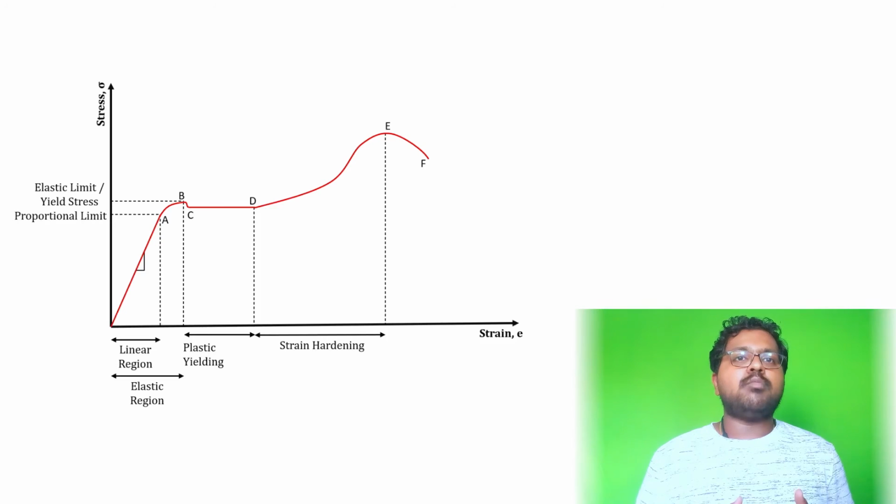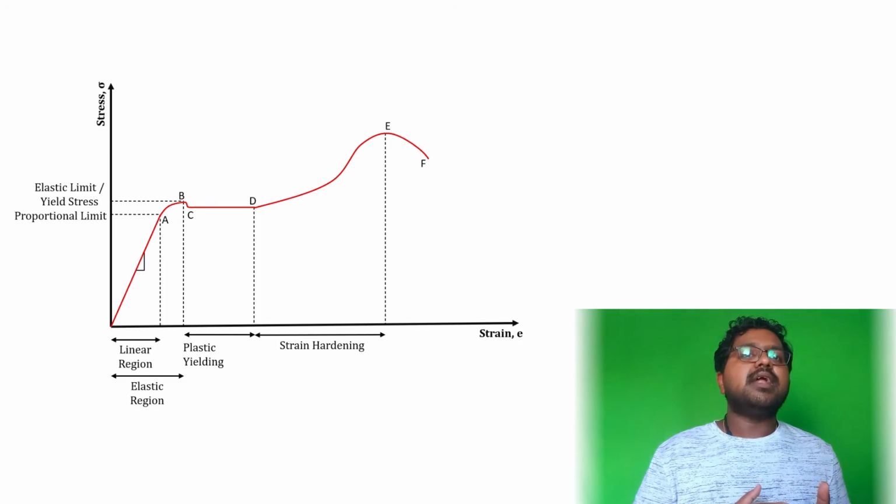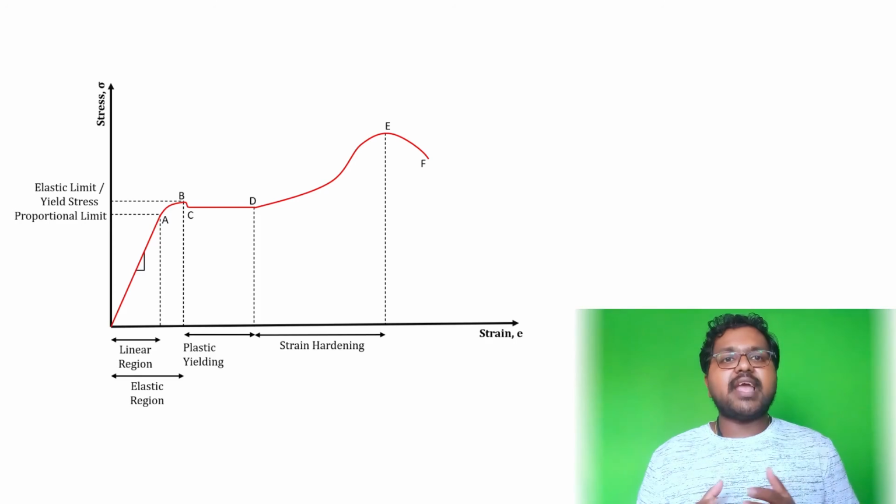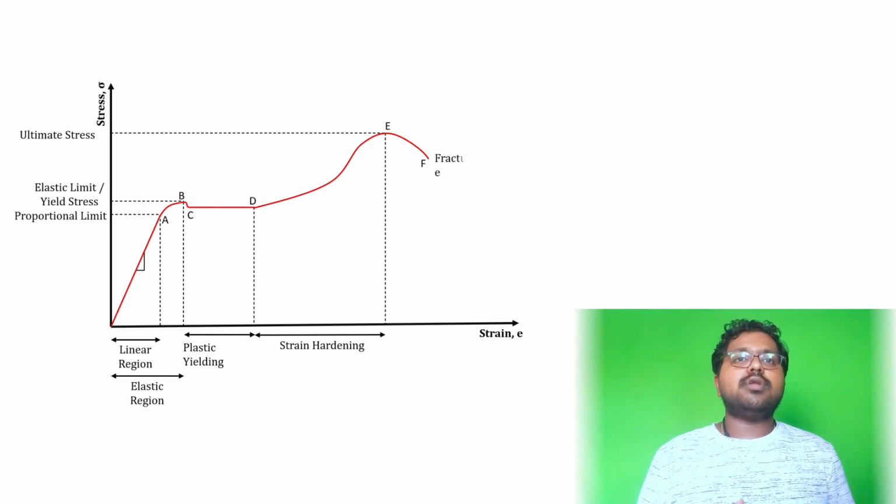Up to the maximum load, the bar extends uniformly over its parallel length. But if straining is continued, a local reduction in the cross section occurs till the failure or rupture of the material takes place, which is at the point F. This zone from E to F is called the necking zone.